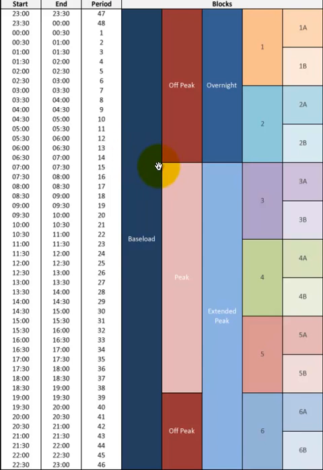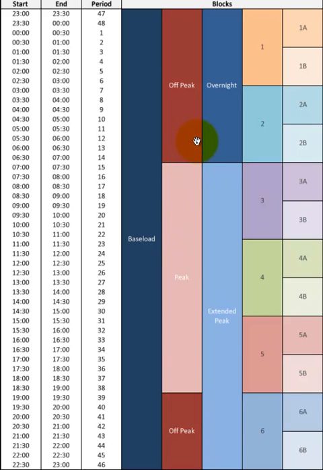Now we can have a product which only delivers during a peak period, periods of high demand. We can think of that as running from 7 a.m. until 7 p.m. So you may hear discussions of an off-peak product or a peak product. Peak is from 7 a.m. till 7 p.m, off-peak from 7 p.m.